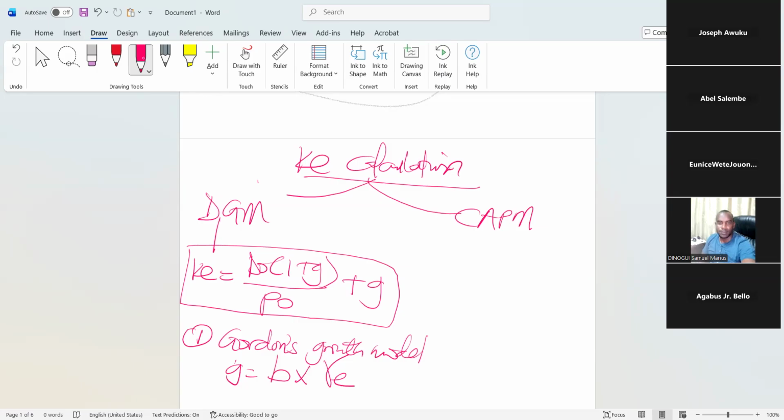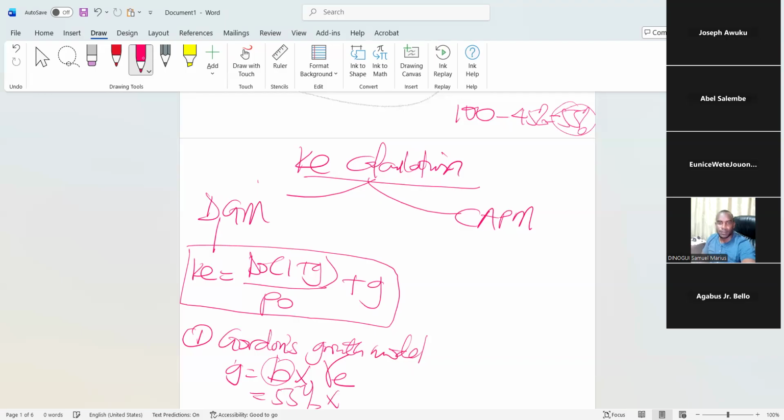So if the total profit after tax is 100%, and the entity has paid 45% of this as dividends, then the remainder, which is 55%, is the retention rate, or the part of the profit retained. And that is the b. So we just put the 55 here.